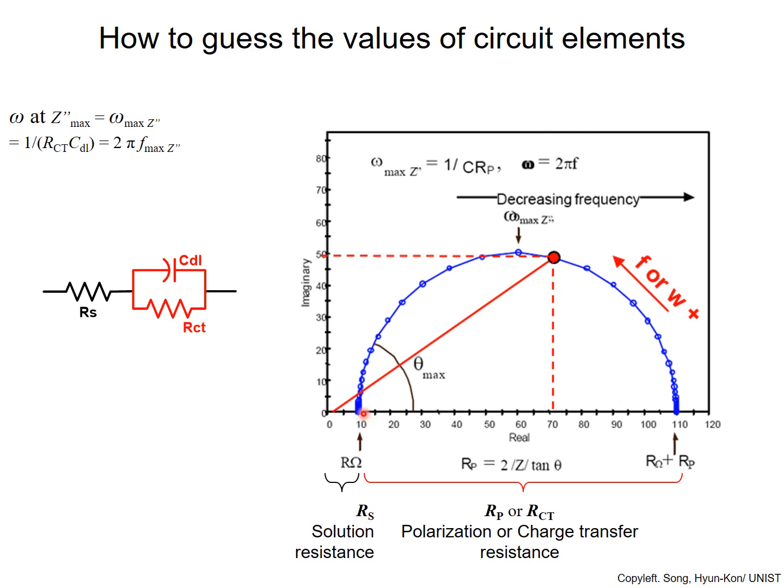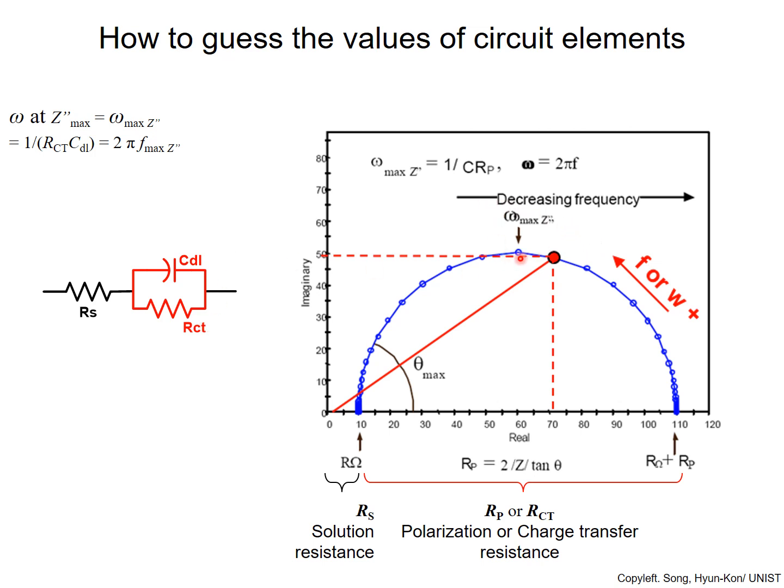Also, I have said the diameter of this semicircle is the polarization resistance or charge transfer resistance. This one is Rs, and the diameter is the charge transfer resistance. And then how could we obtain the values of capacitance by hand?